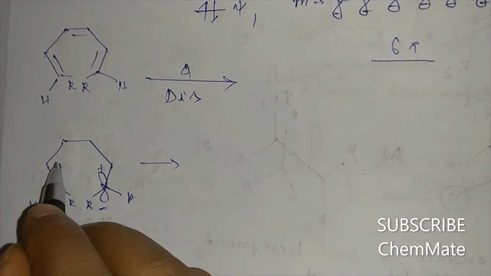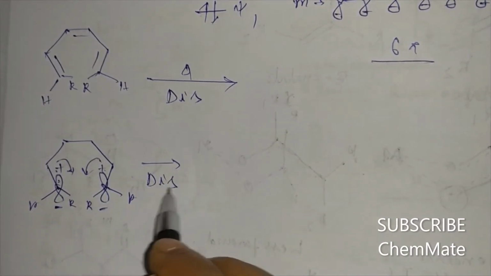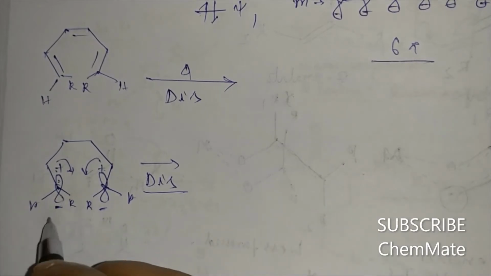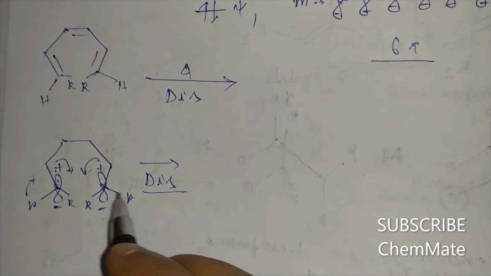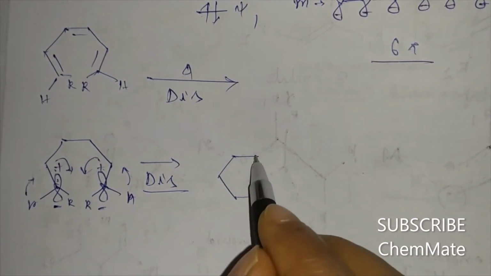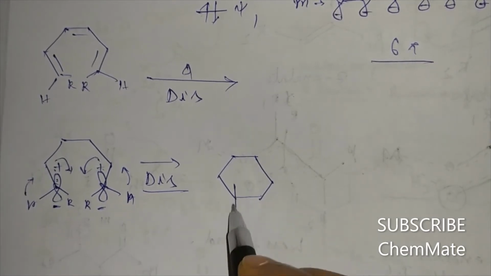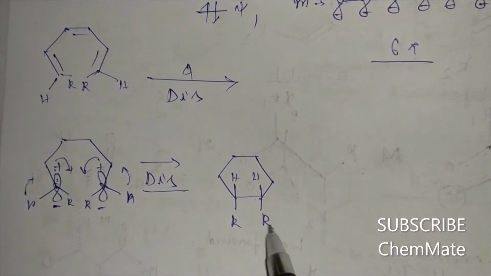So we have to rotate this clockwise and this anti-clockwise. So disrotation. If we rotate this clockwise, the hydrogen will go above, and if we rotate this anti-clockwise, this hydrogen will go above. So a 6-membered ring will be formed where the hydrogens are above and the R's are below the plane.